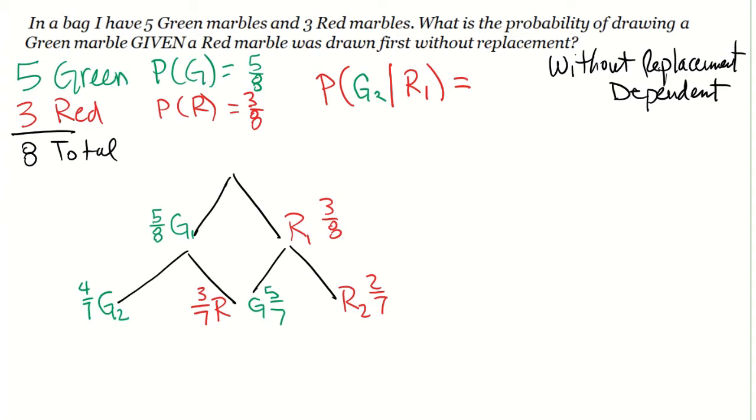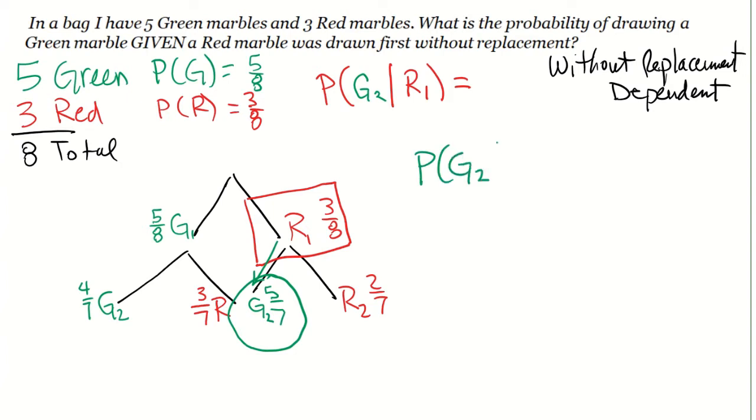So looking at our tree diagram, it's going to be the exact same as on the last problem, but this time we are going to draw a red first, and then we want to know the likelihood that if I draw a red first, I'm going to draw a green. And that's my probability. So the probability of drawing a green if I draw a red first is going to be 5 out of 7.